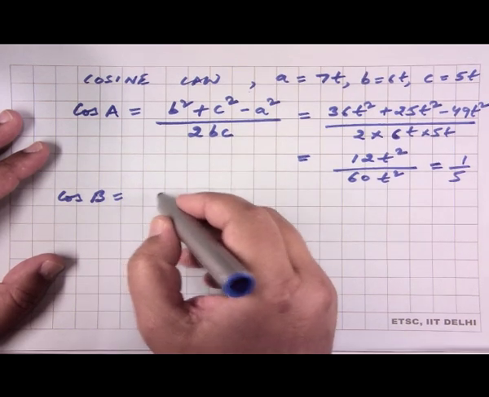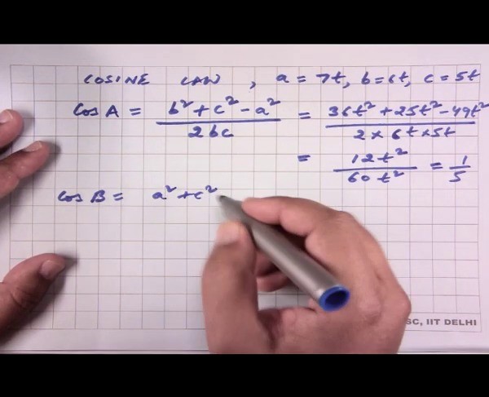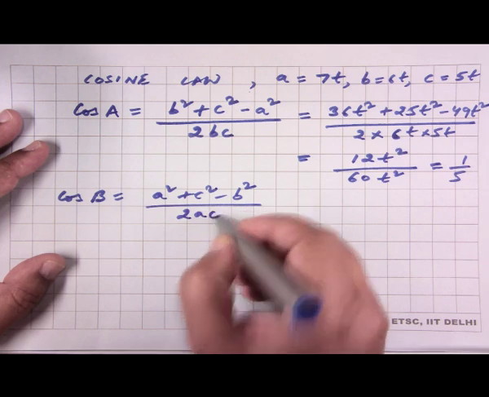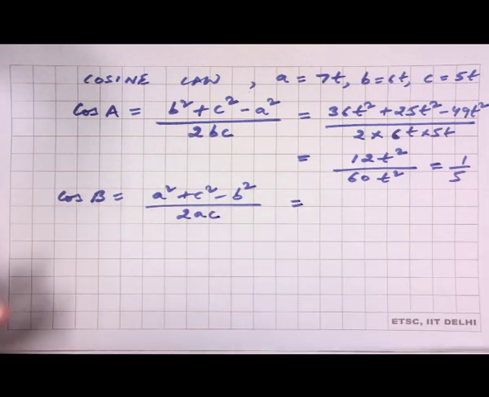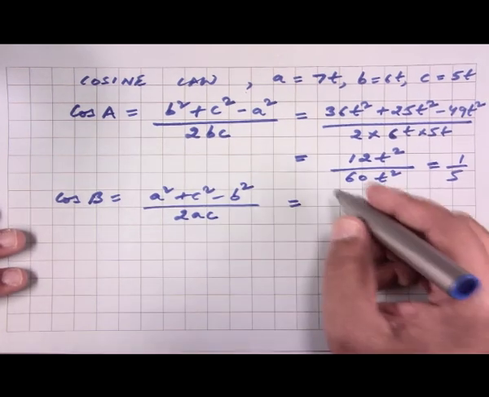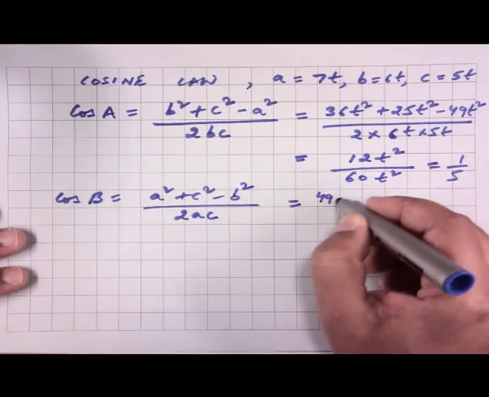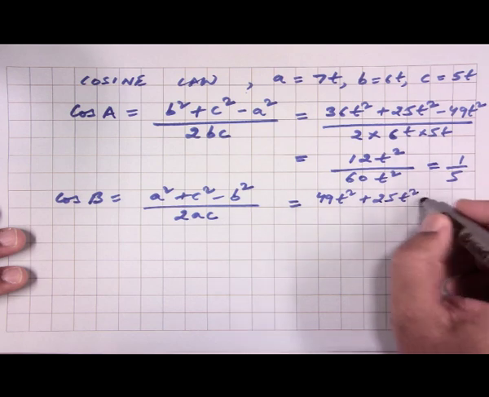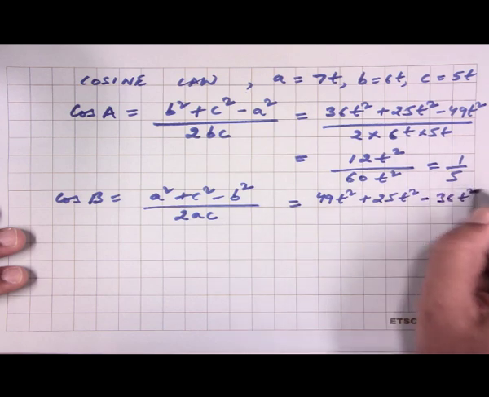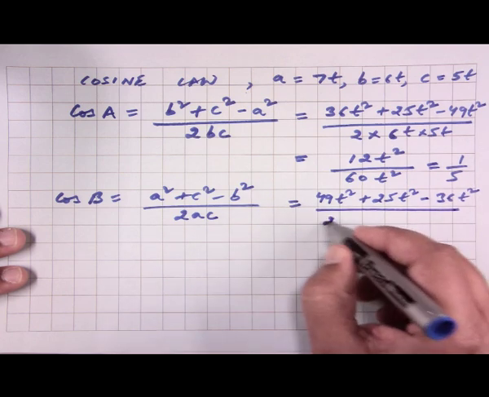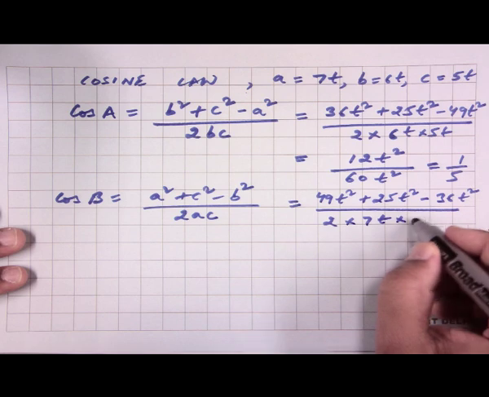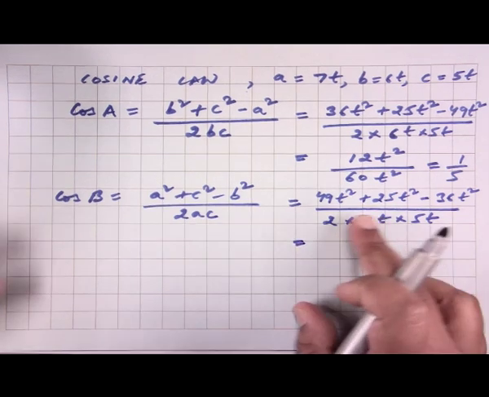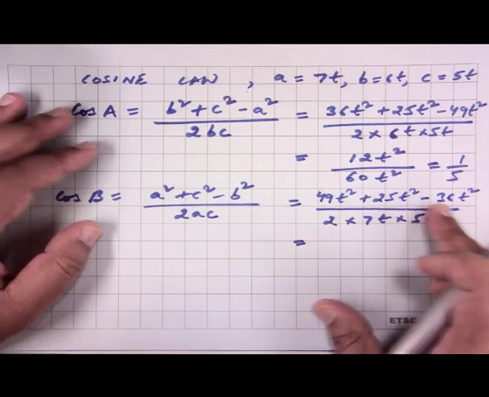Cos B is (A square plus C square minus B square) upon 2AC, which is equal to, and this is equal to 74 minus 36 is 38.